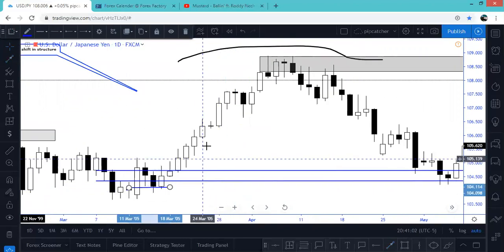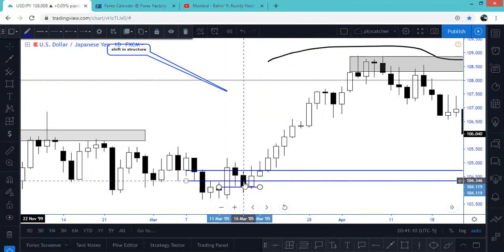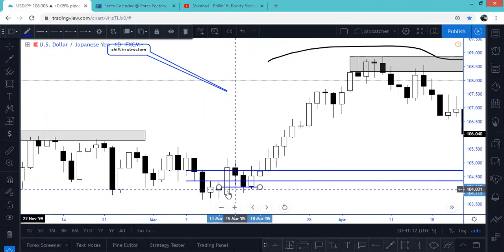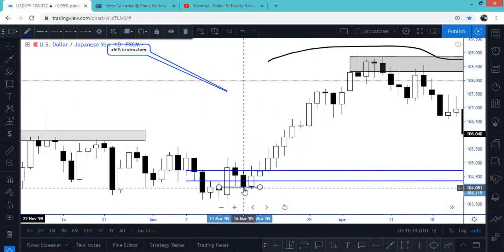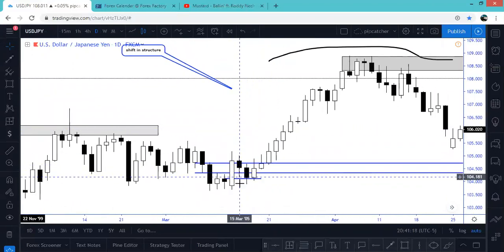Now, I'm not saying that you could have caught this buy right here, because that would be, well, I guess it would have been 3 days right here. Maybe you could have caught this buy, but most likely, probably not.